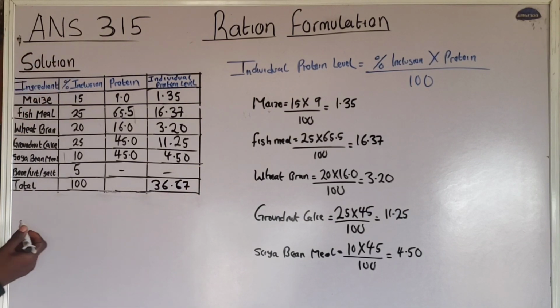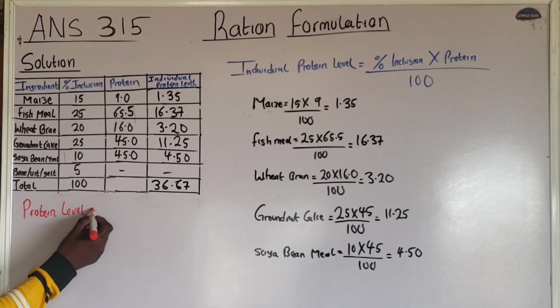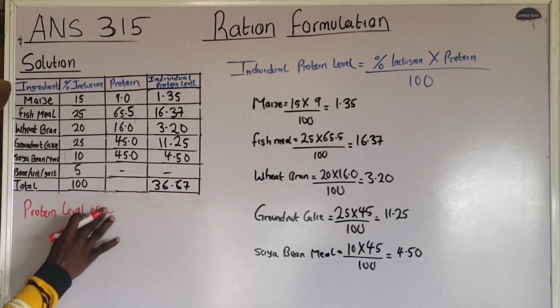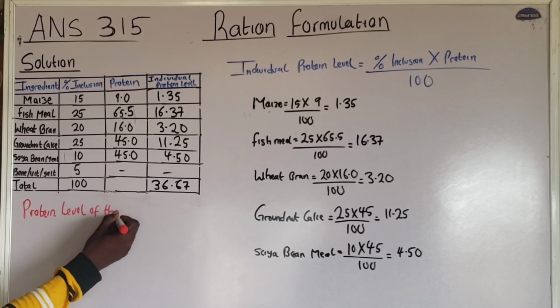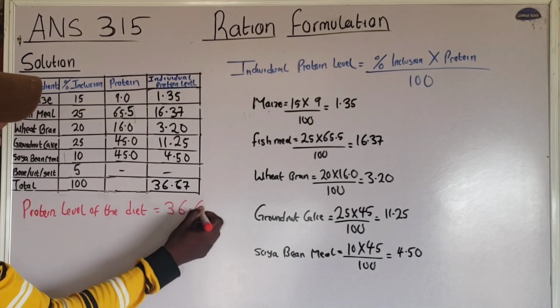So the protein level of the diet is equal to 36.67. Okay, I don't want to use shorthand.